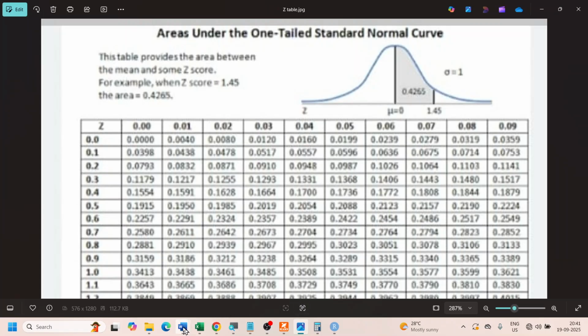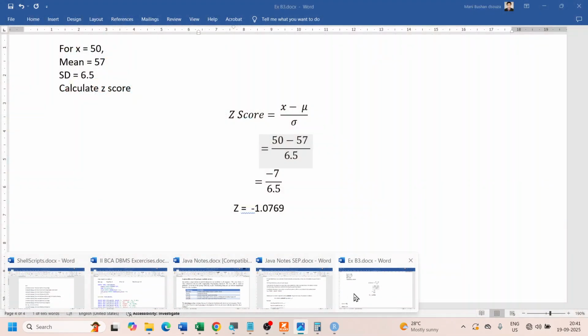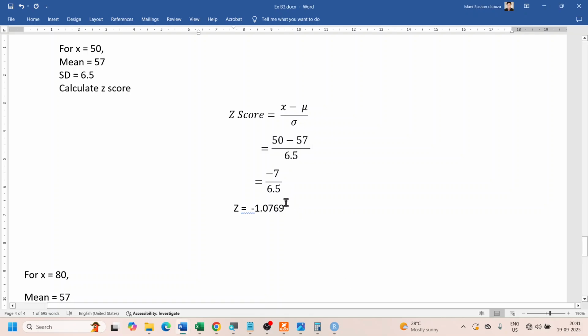I'm going to go here to my calculation. So for my 50, remember, ignore this one because you don't have the minus sign there. Just ignore that negative and then start with 1.07. Ignore again this 16.9. This is not going to be taken again.